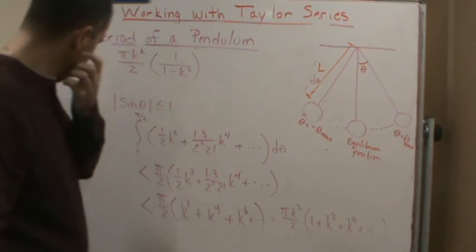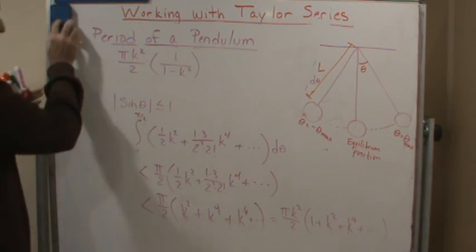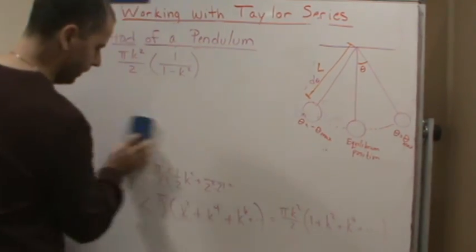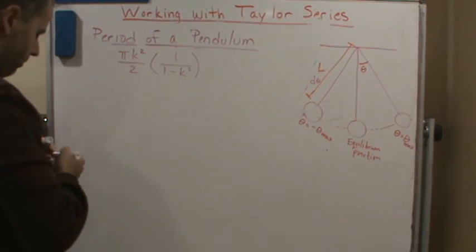Then it's going to require more terms to get a better accuracy. So in part B, they want to use the first 2 terms.